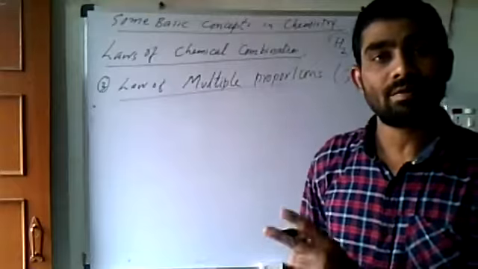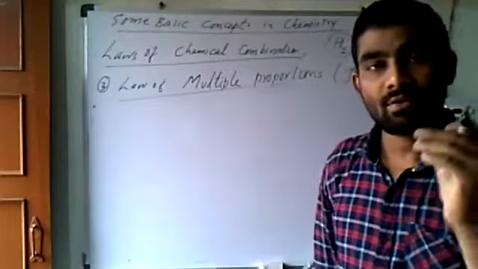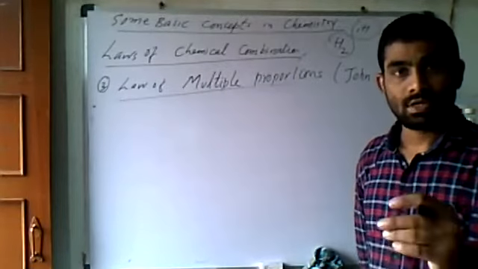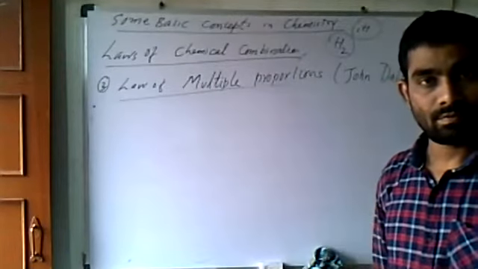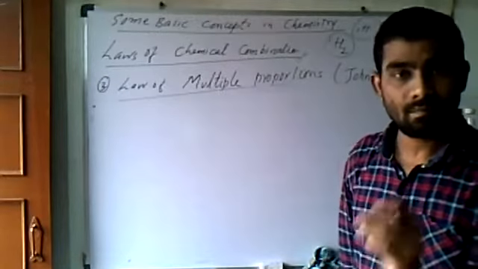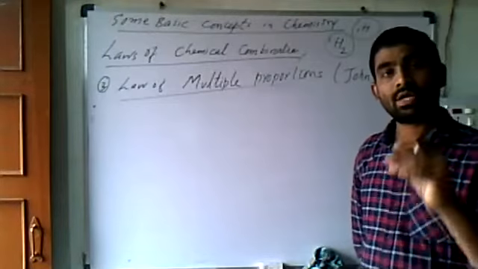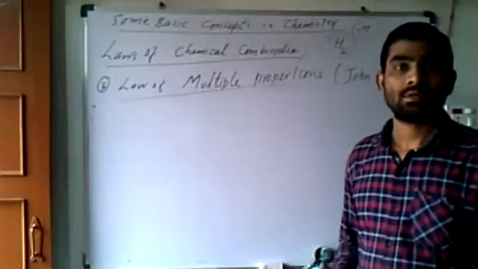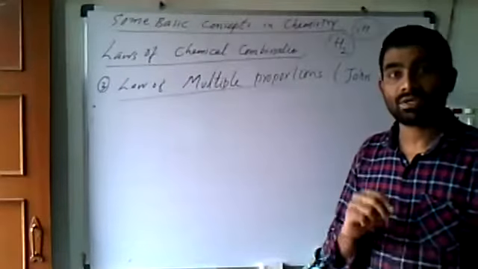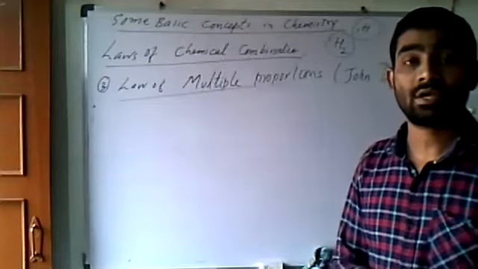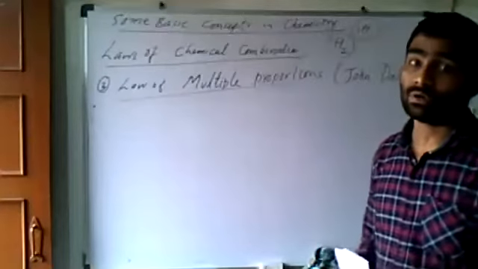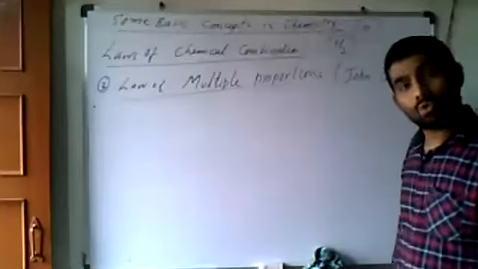When two elements A and B combine and form more than one compound, then the masses of element B which are reacting with or combining with the given mass of A are always in the ratio of a small whole number.